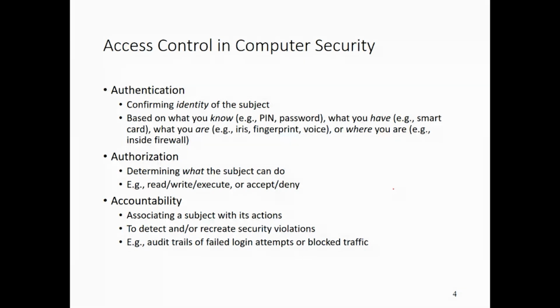If X wants to access this network, the network should make sure that the entity who wants to access it is the one who claimed. So if Hesham wants to access this network, the network should provide some mechanism to let Hesham prove that he is Hesham, by using a password, a PIN, a fingerprint, whatever is accessible in the network.